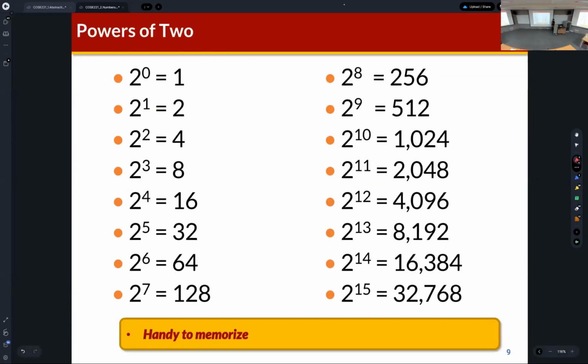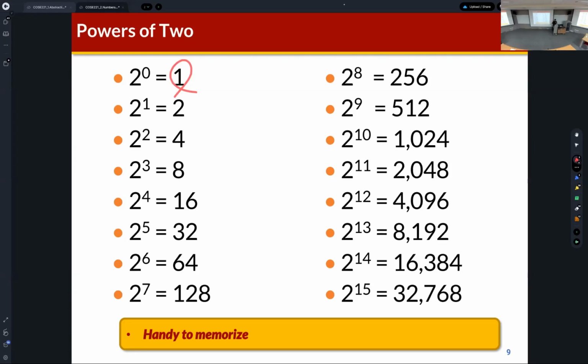Actually, as a computer engineering or computer science student, if you can memorize the results of the powers of 2, it can be very convenient. We very frequently use the powers of 2 in the data system, in programming, and in the computer system, because computers use the binary number system. In the real world we use the decimal number system, but the digital world uses the binary number system.